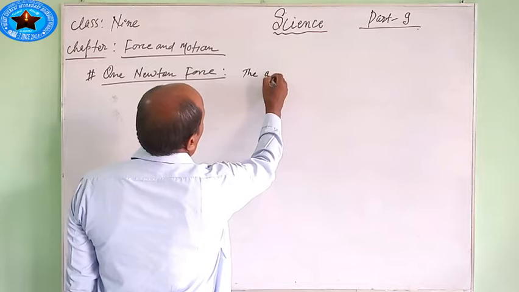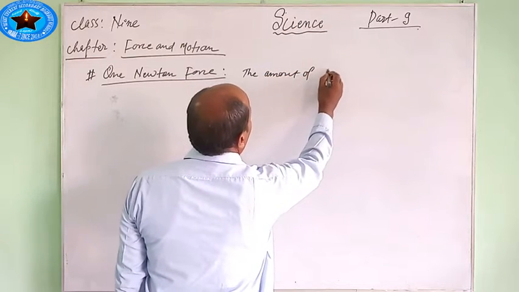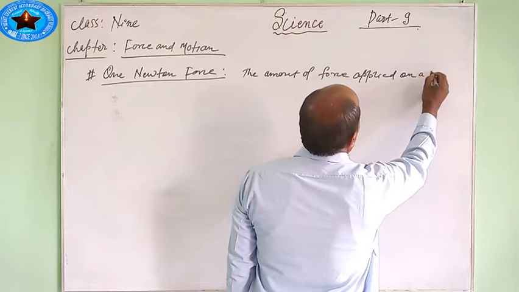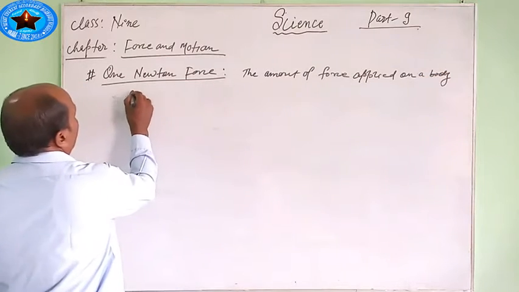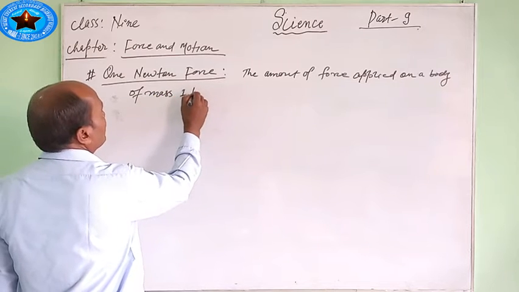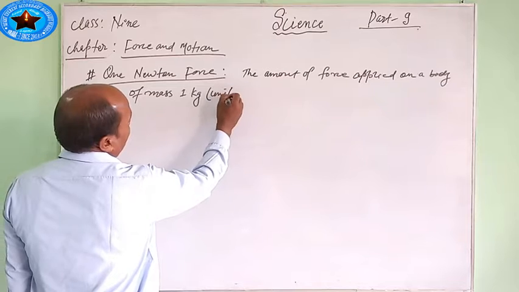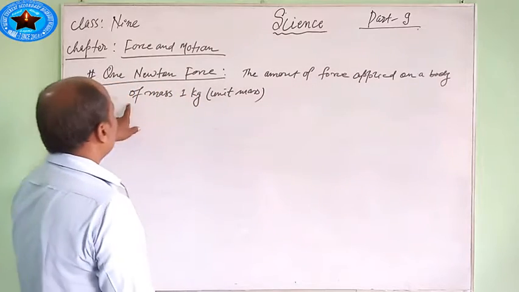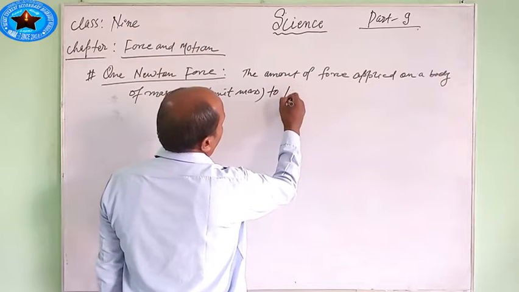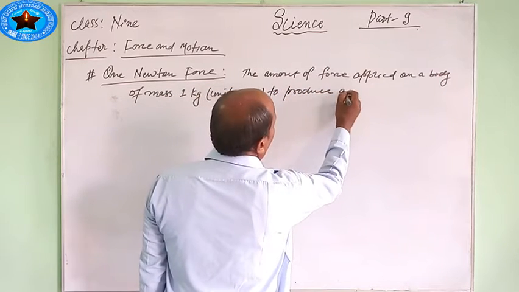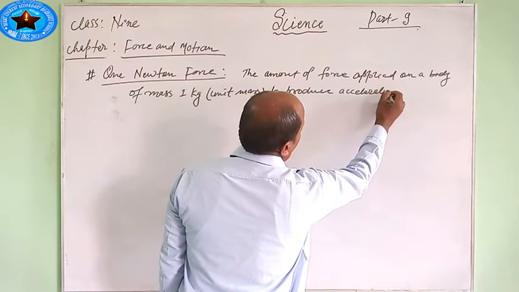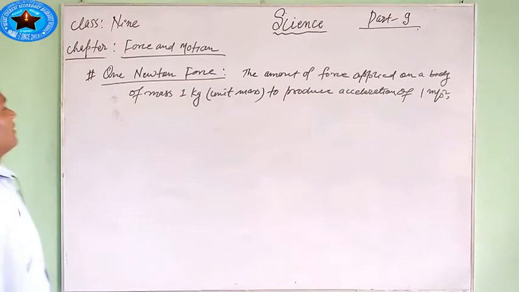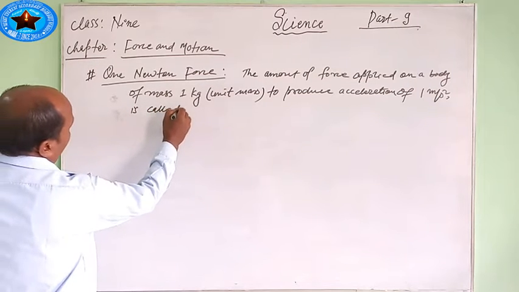It means the amount of force applied on a body of mass 1 kg, which is unit mass, to produce an acceleration of 1 meter per second squared is called 1 Newton force.